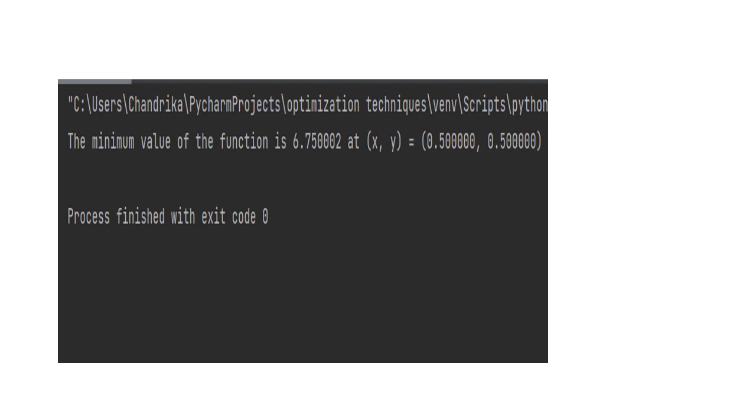And as you can see, for the above expression, which is x square plus 4y square and so on, I got the minimum value to be 6.75, and I have obtained it at 0.5 comma 0.5.